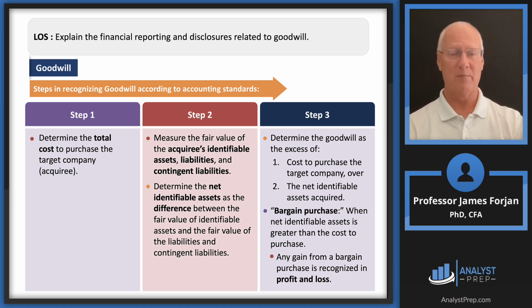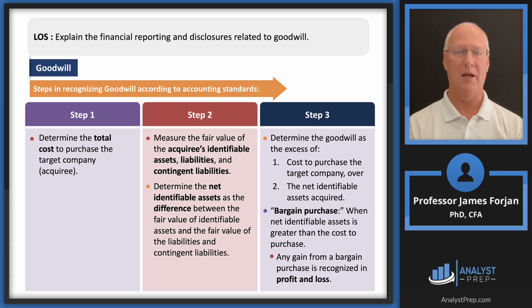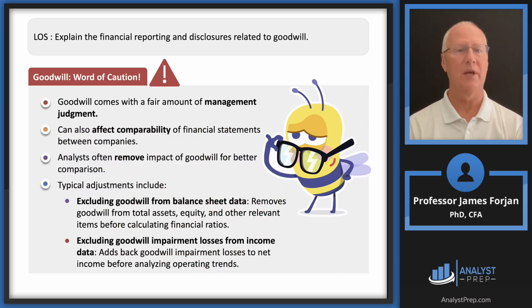So let's go ahead and apply all of the code and all of the professional standards that we learn about in those learning modules to the measurement, because it does require some kind of a judgment. And then what we'll do is determine the goodwill as the excess of the cost of the purchase over the net identifiable assets. And sometimes there's a bargain purchase. I would know the bargain purchase definition for the exam.